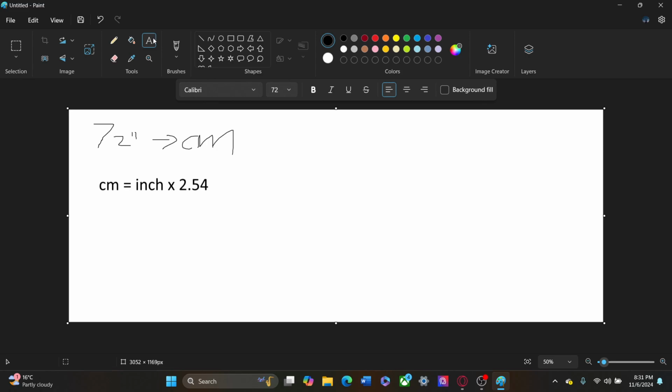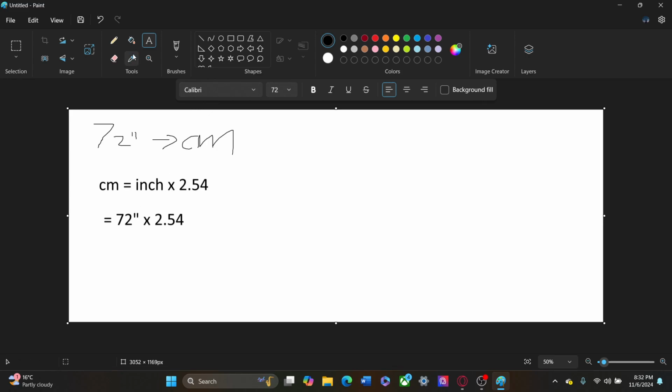Awesome, okay? So now all we gotta do is plug in what we have. We know that our inches is 72, right? And we know that to get centimeters, we need to times it by 2.54, right? So just plug that into a calculator, or if you're really good at mental math for some reason, do that. 72 times 2.54. Now, we can easily figure that out.